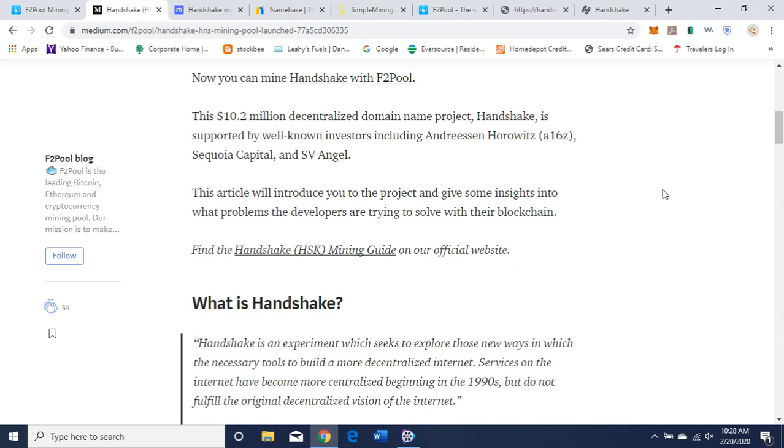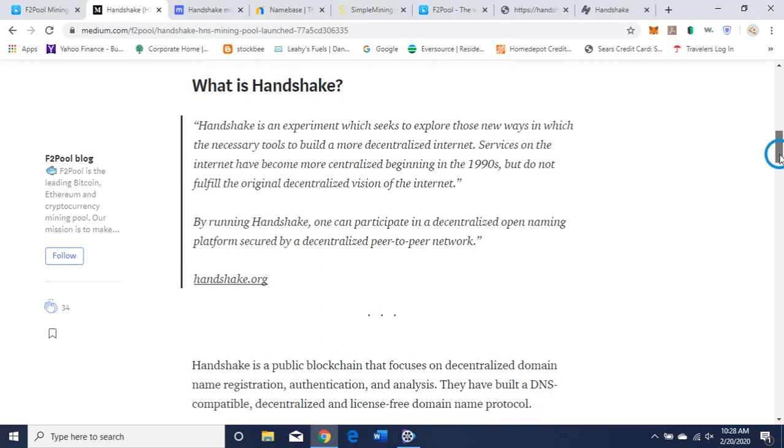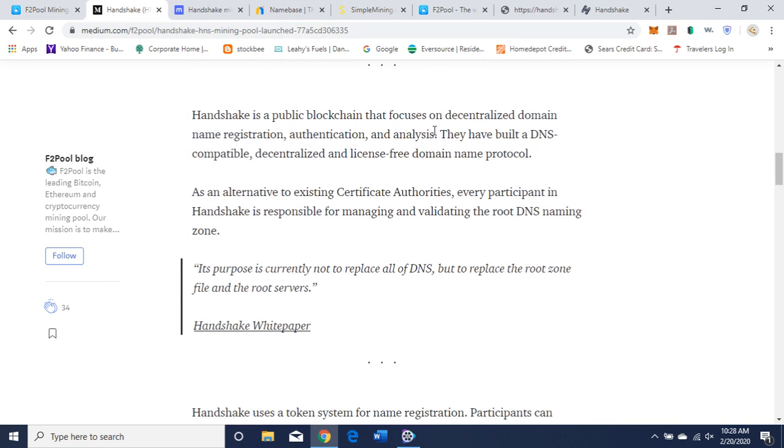The article would introduce you to the project and give you some insights into what problems developers are trying to solve with their blockchain. It goes into what blockchain is again. It focuses on decentralized domain name registrations, authentication, and analysis. They have built a DNS compatible, decentralized, and license-free domain name protocol.